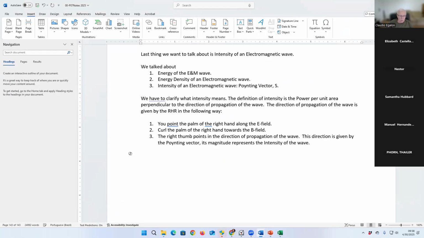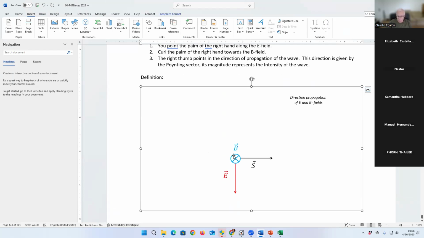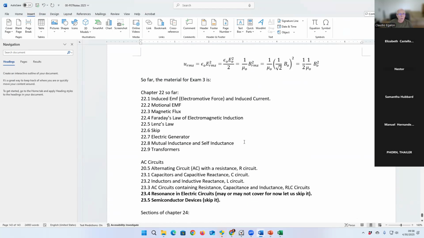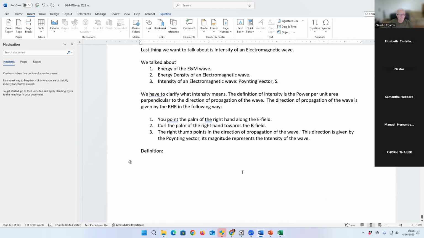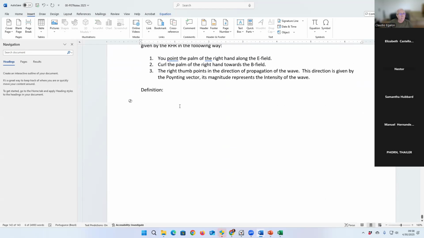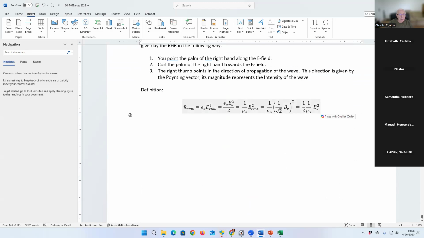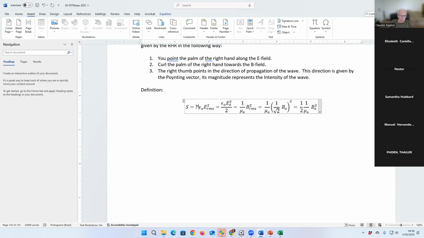So, definition. S is defined as the power per unit of area.